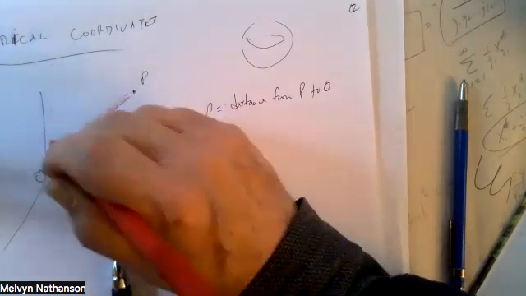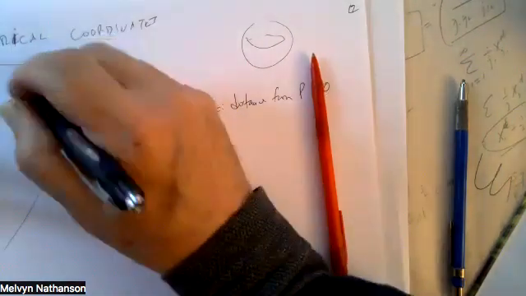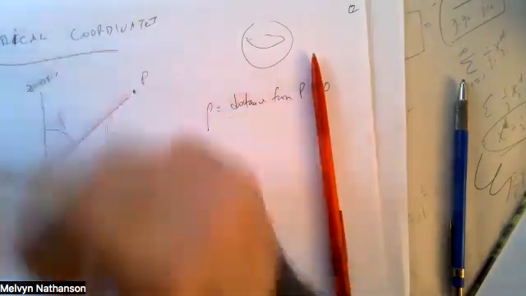Now, this ray makes a certain angle phi with respect to the z-axis.